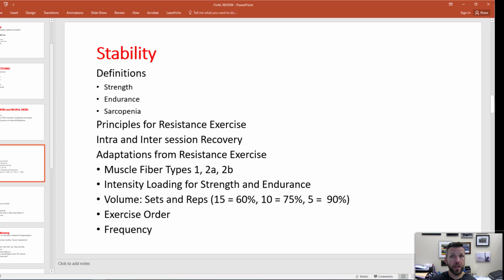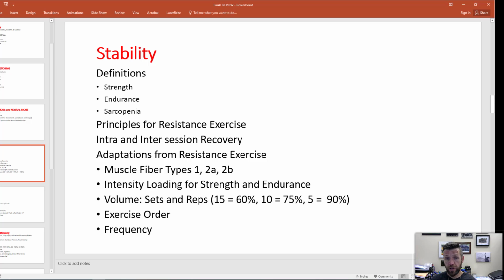It's not metaplasia, you're not turning fat into muscle. But it is hypertrophy, meaning you're taking the muscle fiber cells and you're making them bigger. And most commonly that occurs at the myosin and actin level. Maybe you remember a little bit about how we talked about that, but definitely know the hypertrophy side is the adaptation.